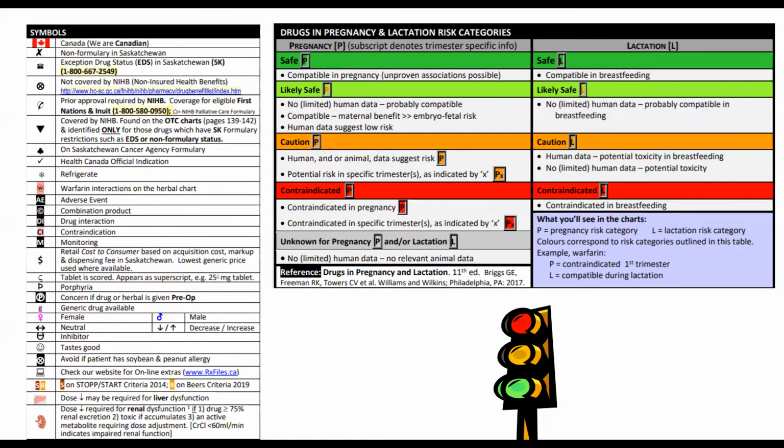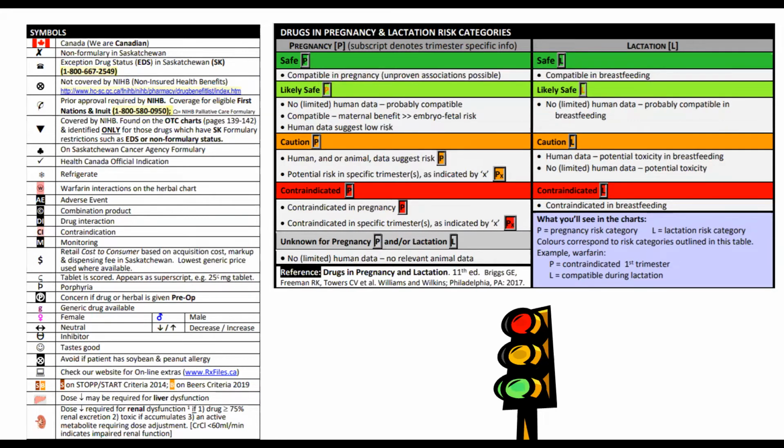So both on our website and our books, you'll find what those symbols mean. On the far left, you see the X's. Again, X means non-formulary Saskatchewan. The phone means I have to phone for EDS. The circle X means not covered by NIHB, and so on. And again, at the very bottom on the left-hand side, we have the liver and kidney symbols to denote the need for dose adjustment when there's renal and hepatic impairment.